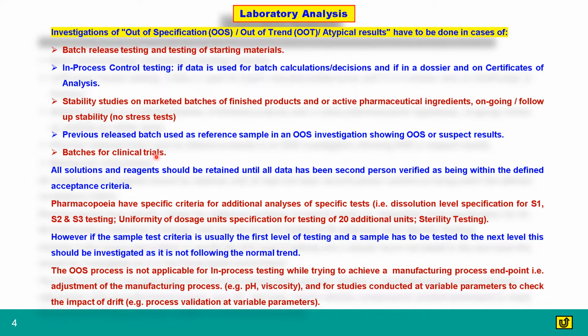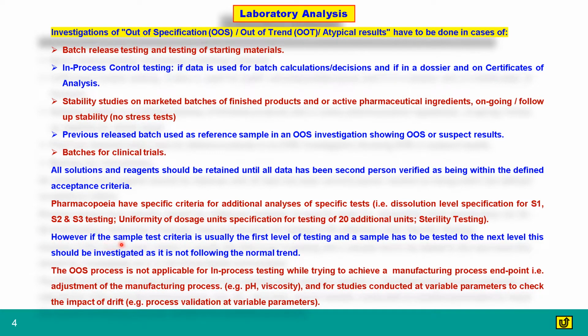Batches for clinical trials. All solutions and reagents should be retained until all data has been second-person verified as being within the defined acceptance criteria. Pharmacopoeias have specific criteria for additional analyses of specific tests, i.e. dissolution level specification for S1, S2 and S3 testing, uniformity of dosage units, specification for testing of 20 additional units, sterility testing.